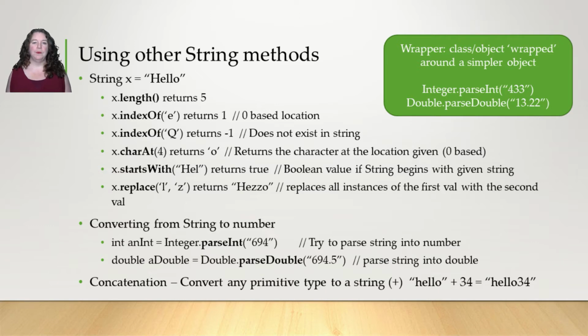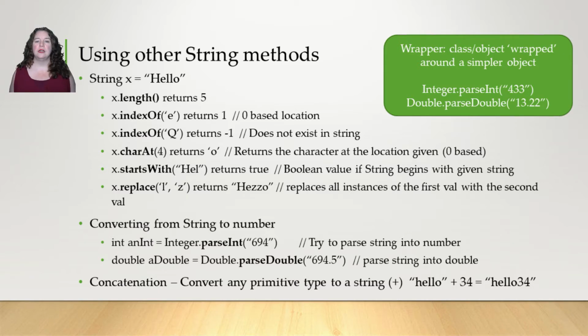There are 5 characters. indexOf takes a single character in single quotes and returns where that character exists in the string. Remember, we're 0-based. Everything's 0-based. So the letter E occurs at the second position, which is at position 1: 0, 1.